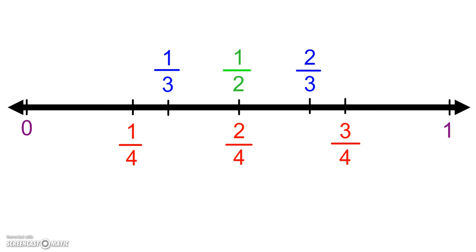One of the things that I noticed right away is that 2/4 is at the same place as 1/2. Well, they're equivalent fractions, so that makes sense they would be located at the same place. But I can also see other comparisons. 1/4 is less than 1/3, and 3/4 is greater than 2/3.